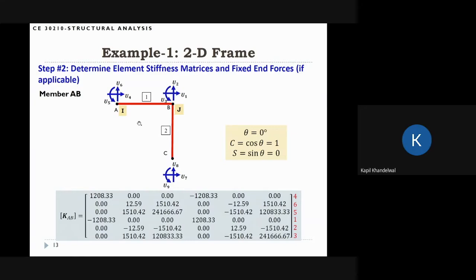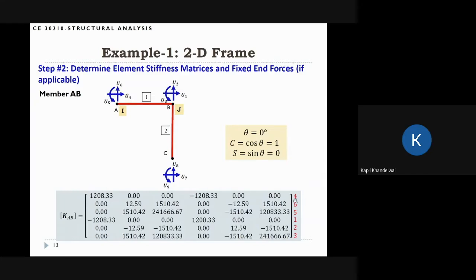But we have to put the correct degrees of freedom. You remember that the degrees of freedom go first the I node degrees of freedom and then the J node degrees of freedom. The I node degrees of freedom should be UI, VI, theta I, UJ, VJ, theta J. The UI degree of freedom is actually U4, VI degree of freedom is U6, and theta I degree of freedom is U5.